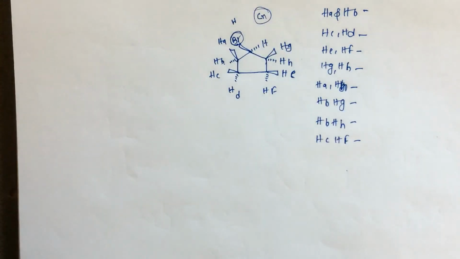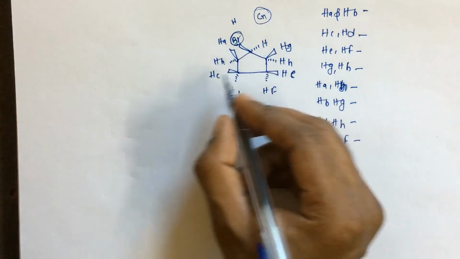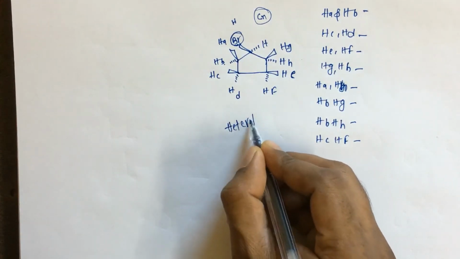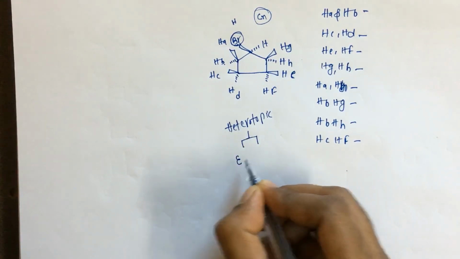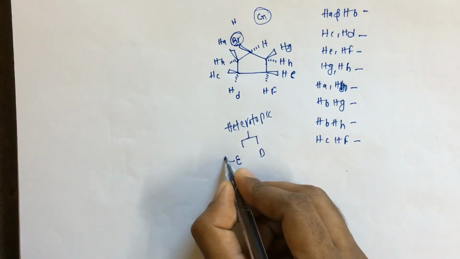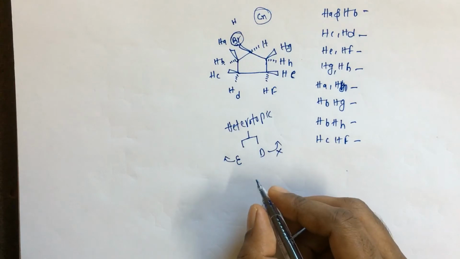So due to that, these hydrogens should be heterotopic in nature. Heterotopic means we have two options: either enantiotopic or diastereotopic. If any symmetry is there, then it is enantiotopic. If no symmetry, then it is diastereotopic, right?